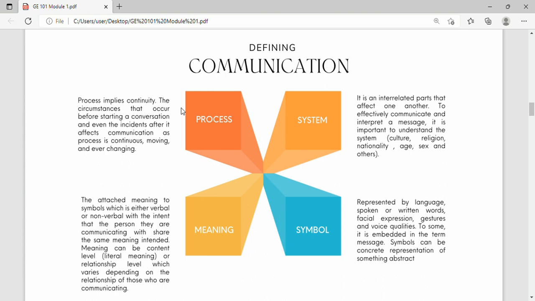Yung sinasabing system, ito yung culture, religion, nationality, age, sex. For example, you're speaking with a Muslim person, and of course, you have to be sensitive in speaking with them.